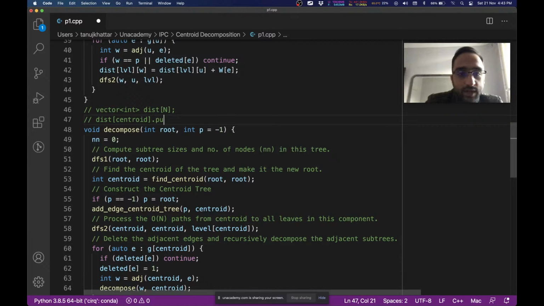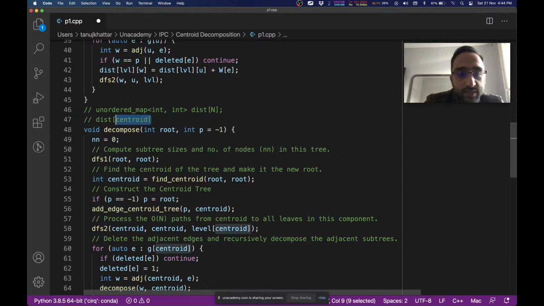Or I could also do a set of int distance, or maybe an unordered map, I could do this basically.